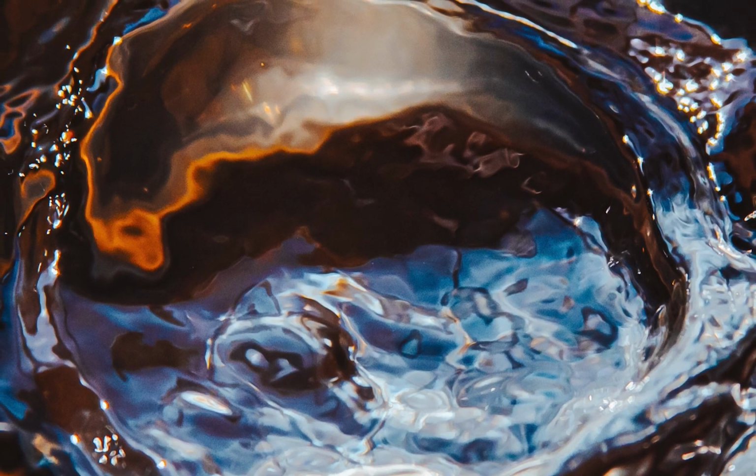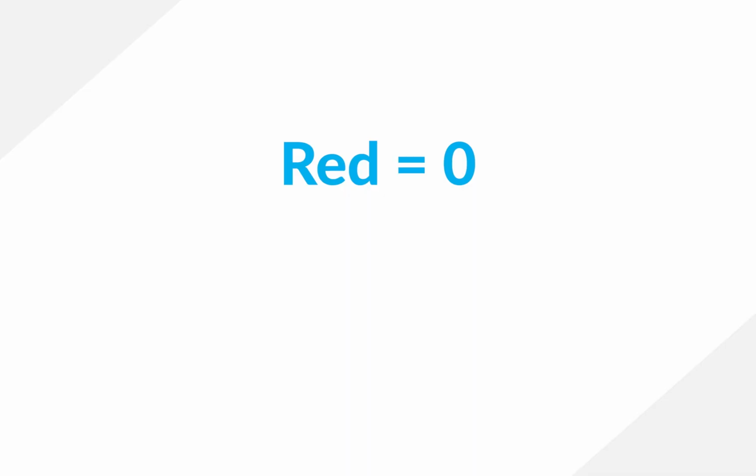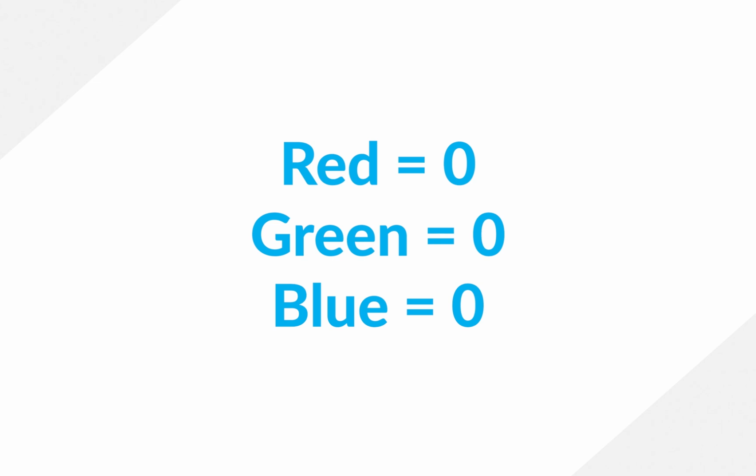A certain amount of green, that's another channel. And a certain amount of blue, that's a third channel. Most video and pictures have these three channels, red, green, and blue. But for a transparent background, none of those colors exist. But if you tell a computer red equals 0, green equals 0, blue equals 0, it's going to show black. And that's not what we want.